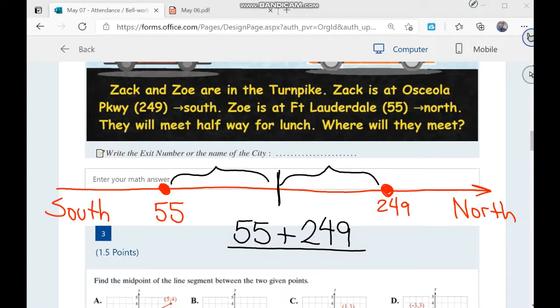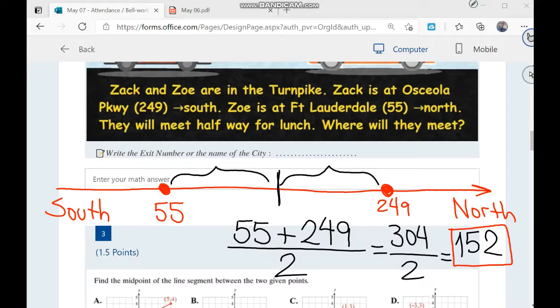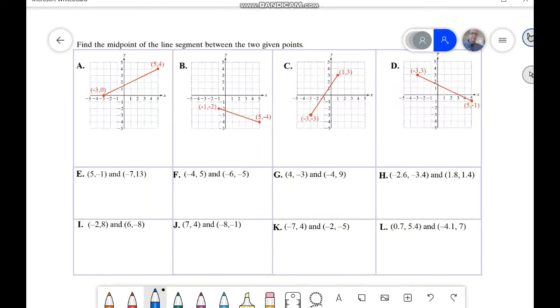We want to find halfway, half. What number is half? Of course, that's right, perfect. You're going to divide by 2. So 55 plus 249 divided by 2 is 304 divided by 2, 152. 152 is the exact answer.